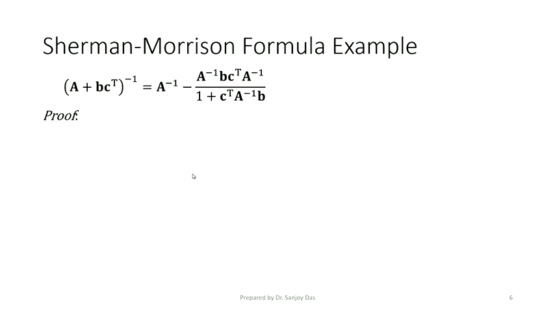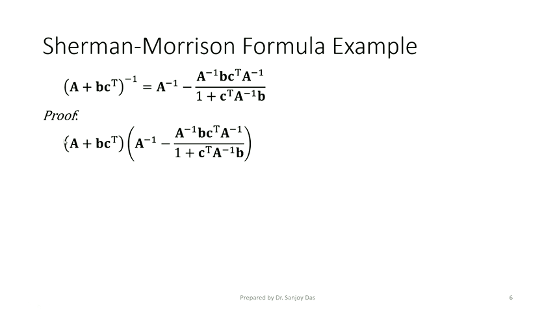The best way to prove it, since this is invertible, I'll pre-multiply both sides with A plus BC transpose. So what happens if I pre-multiply this side with A plus BC transpose, the product will be the identity matrix, correct? So on this side, I get this. On the right-hand side, when I pre-multiply it with A plus BC transpose, I get this.